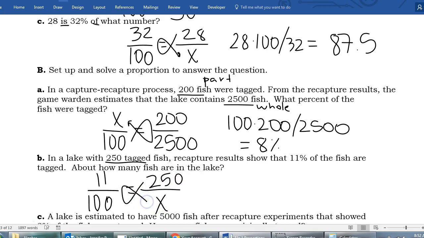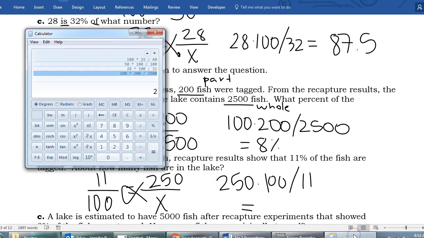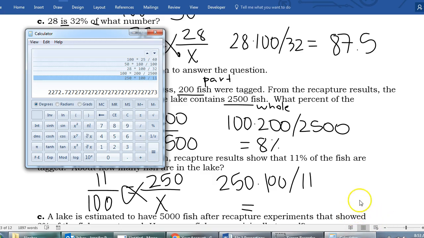Times divide, answer. 250 times 100 divided by 11. So we have 2,273 if we round that.